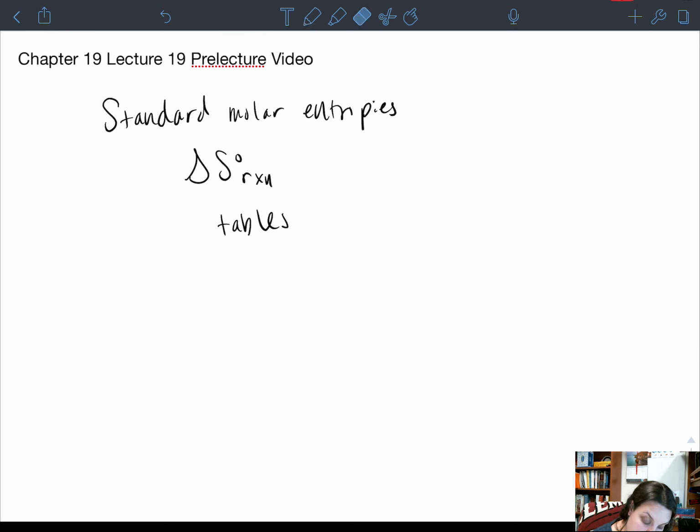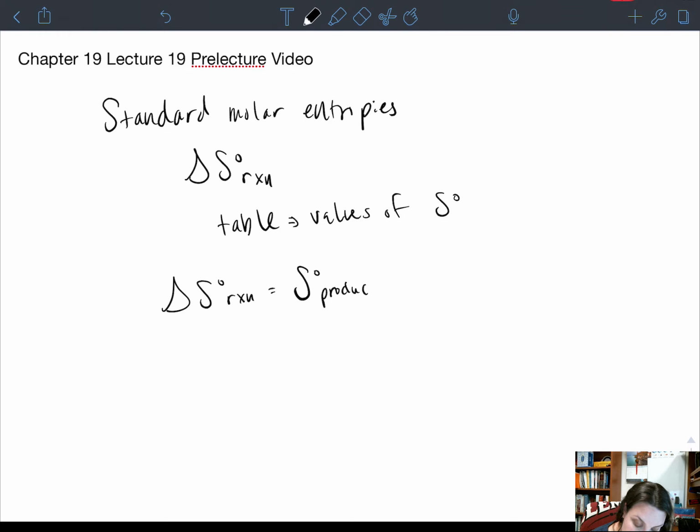So we have a table full of values of our S naught, our molar entropies. Using these values of S naught, we can solve for our delta S naught of reaction, where delta S naught of reaction is equal to our S naught of our products minus our S naught of our reactants, taking into account stoichiometry.